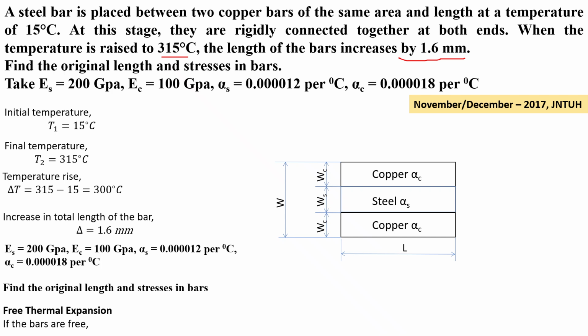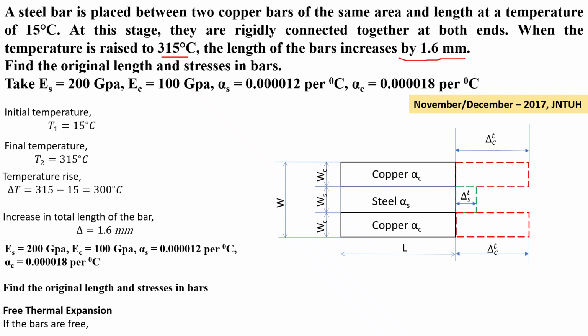Let's consider the bars are free, so the copper bar expands freely. Let's consider that expansion to be delta CT, the free thermal expansion in the copper bar. Similarly, the steel bar also expands freely due to the temperature rise.